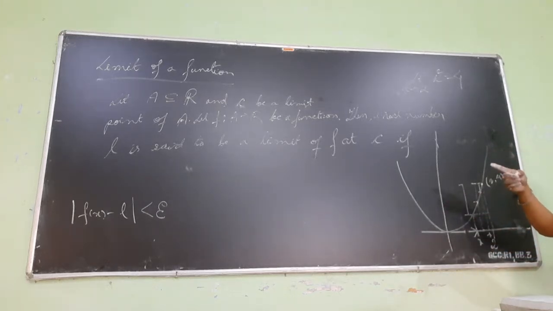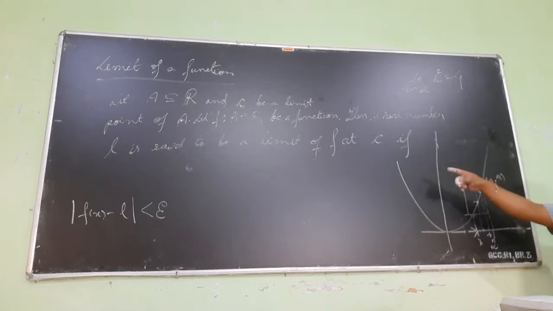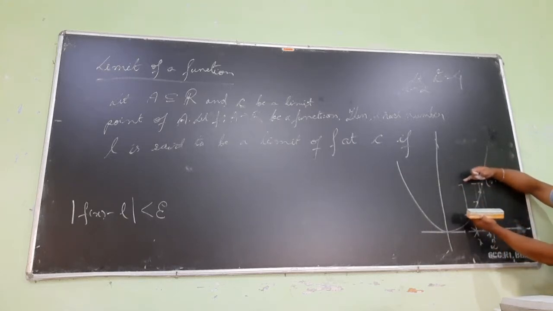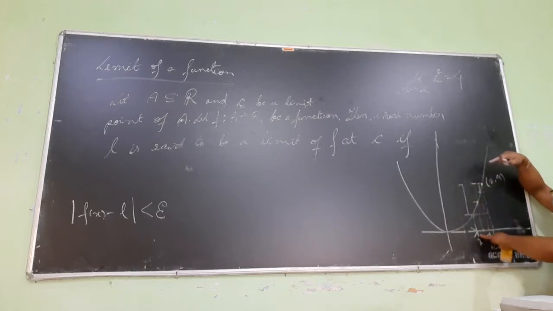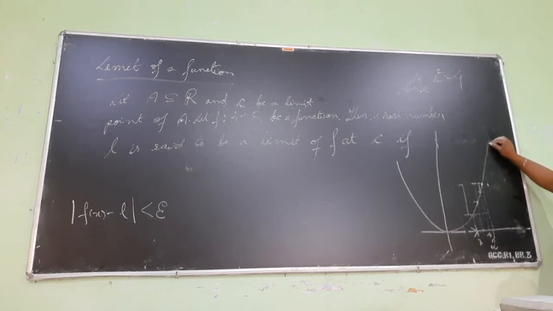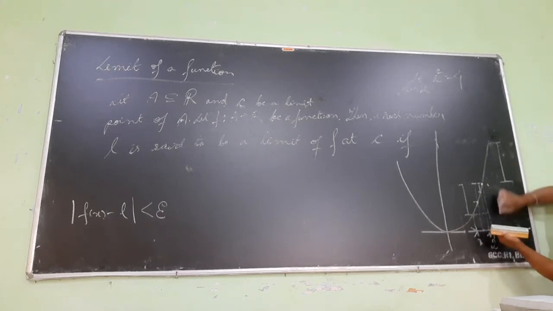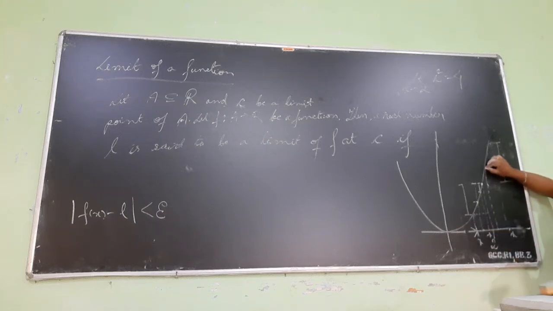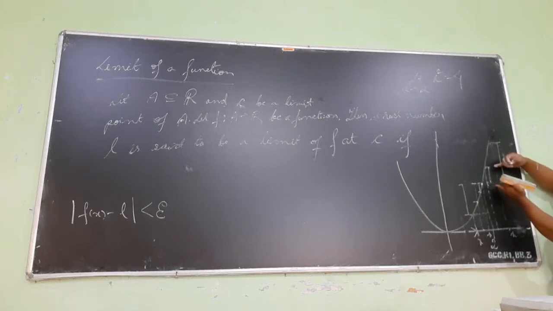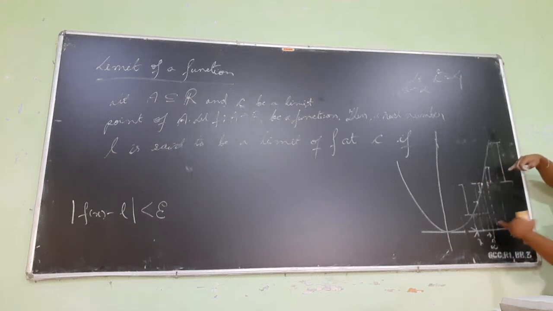The function f has limit L at c if the difference between f(x) and L can be made smaller by reducing the difference between x and c. If I approach from this side, x is here, so this much is the difference between f(x) and L. If I come closer to 2, this is the difference now. If I come closer from the right side, then also this difference is decreasing.